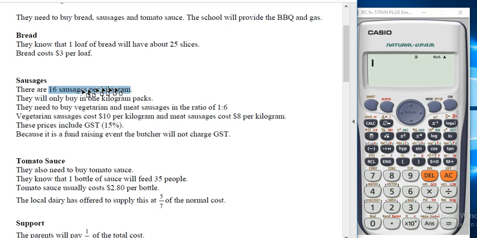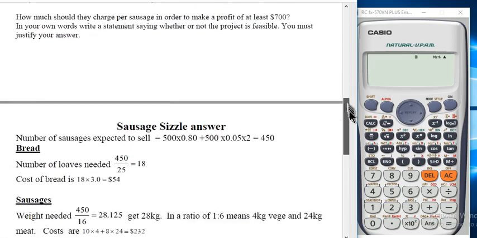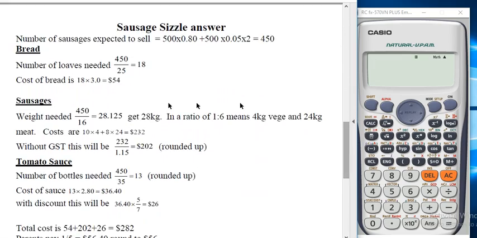So we're going to divide by 16 this time. Let's go down and have a look at the answer. We've got 450 sausages, that was bread, remember, 450 divided by the number of slices in a loaf. Now it's 450 divided by the number of sausages in a packet.